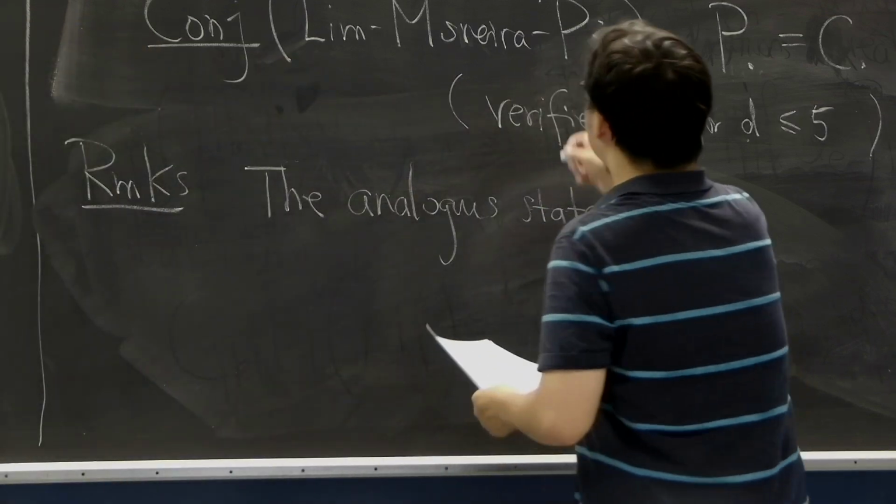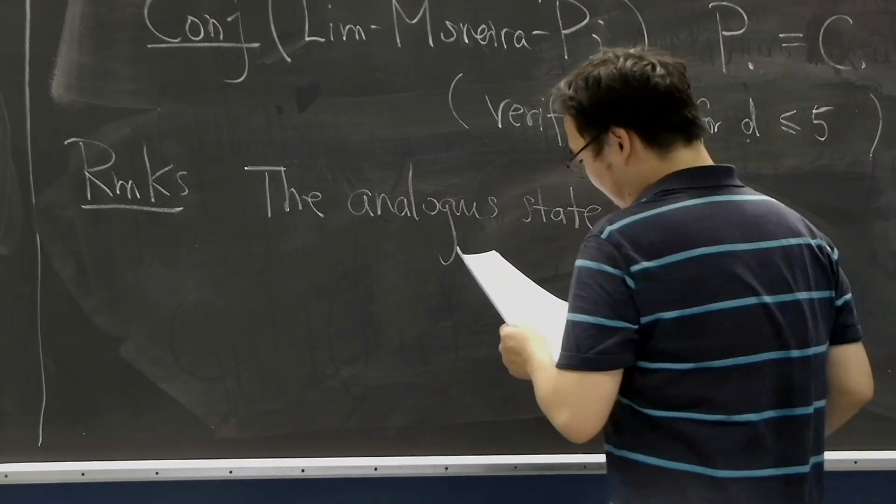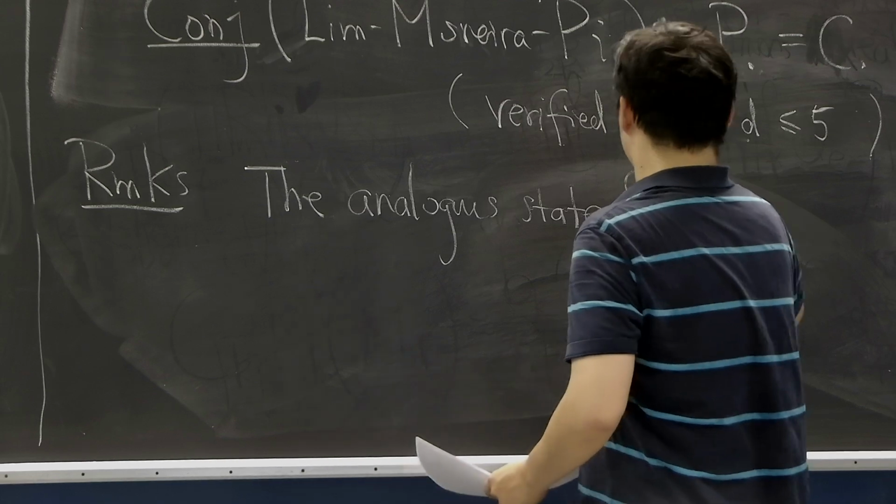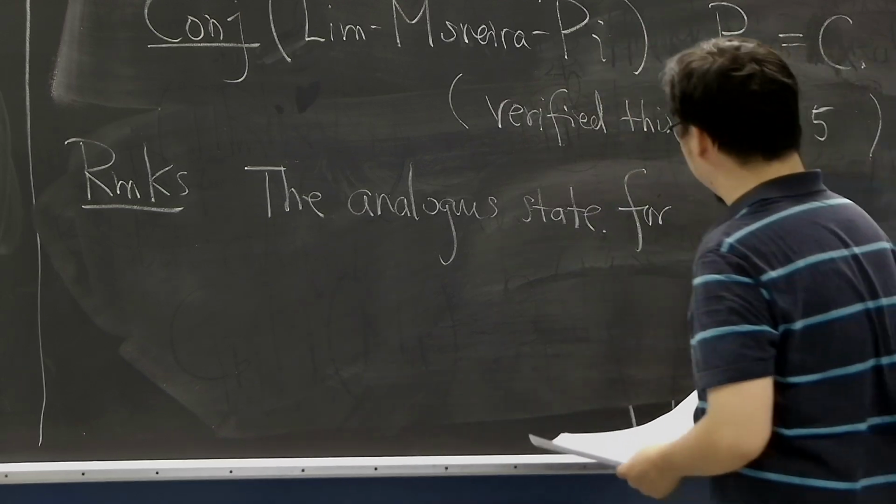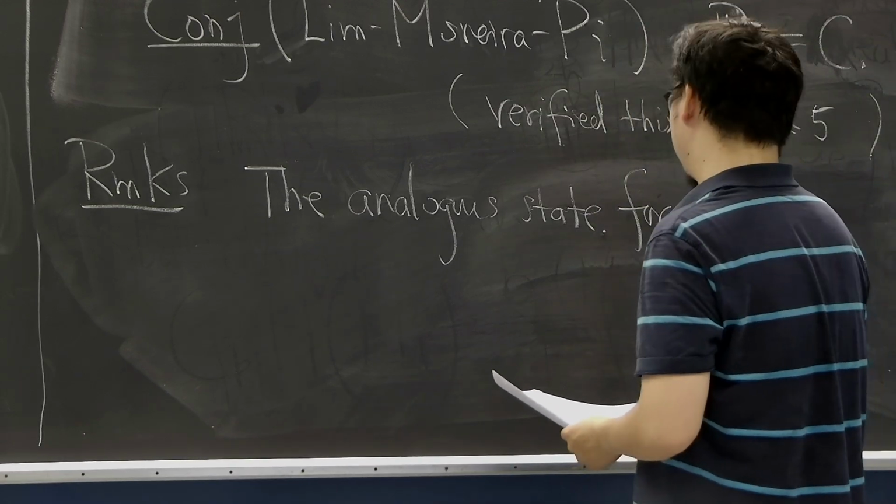And then this P equals C statement is essentially equivalent to the P equals W conjecture in non-abelian Hodge theory.